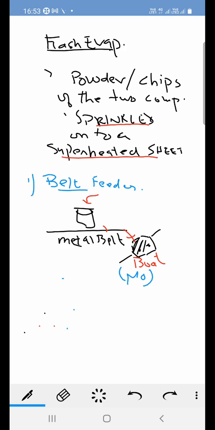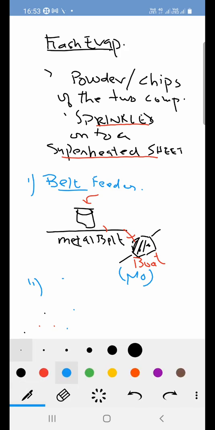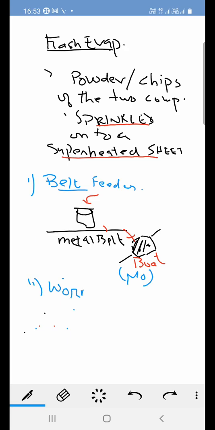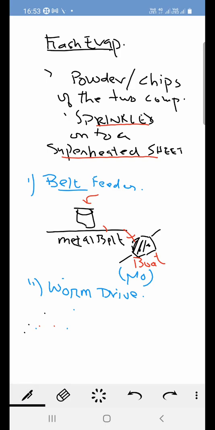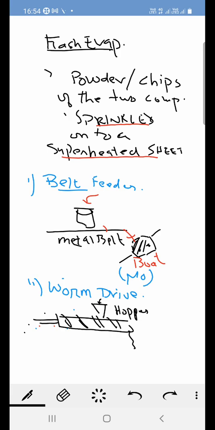The next type of feeder is a worm drive feeder. So we have a gear. It rotates, and this is a hopper where you put the source, and there is a spring attached to it, and there is a tungsten strip.